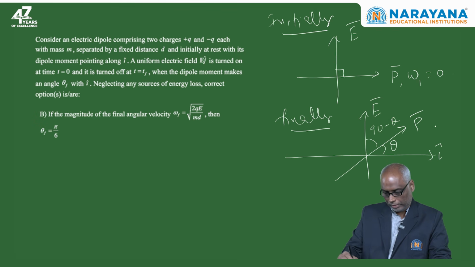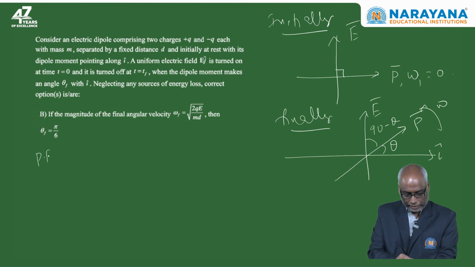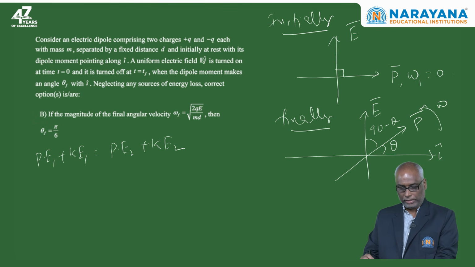At this moment let us imagine that the angular velocity of the dipole is omega. So, initial potential energy plus initial kinetic energy should be equal to final potential energy plus final kinetic energy. Initial potential energy, because the angle between dipole moment and electric field is 90 degrees, is 0, and initial kinetic energy is also 0.